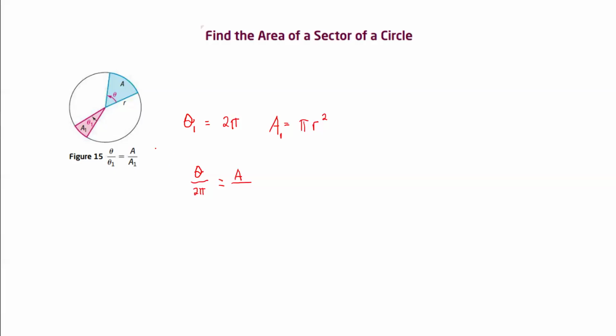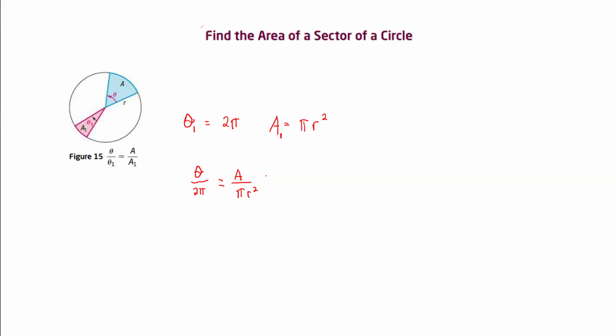So theta 1 was 2 pi, and A1 is pi r squared. So all that's left in our setup here is the arbitrary area, something other than when the area is the full circle with 2 pi.